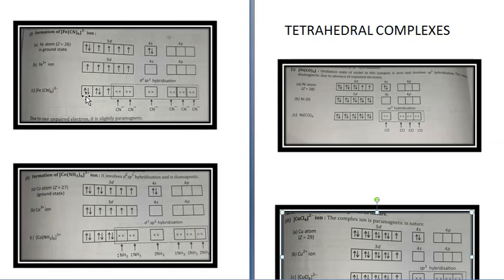So 2, 2 and 1. Empty orbitals are these 6. Each of these empty orbitals will get one lone pair electron from CN-. Okay, and these empty orbitals will first hybridize to form 6 d2sp3 hybridized orbitals. Then in each orbital a lone pair will be donated.